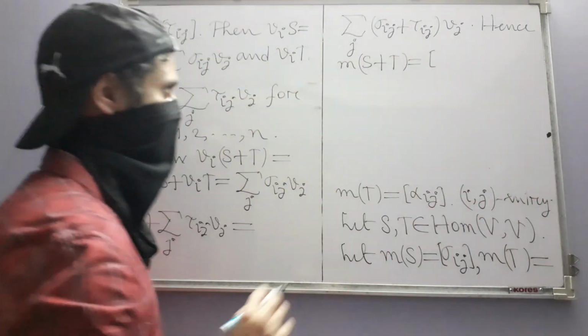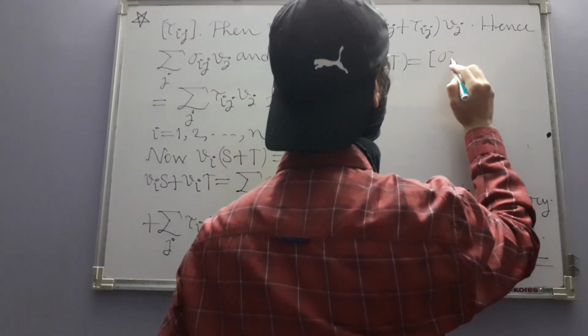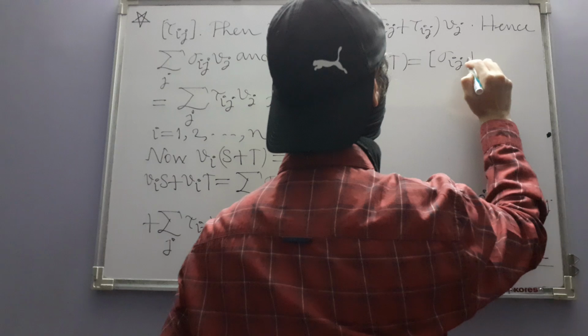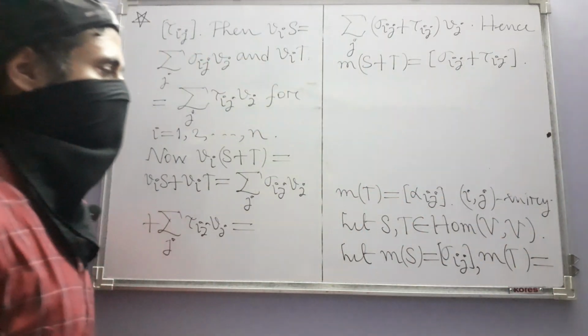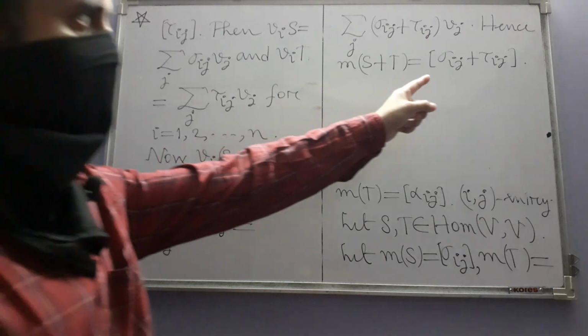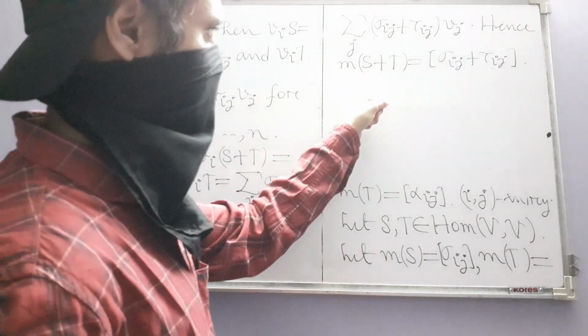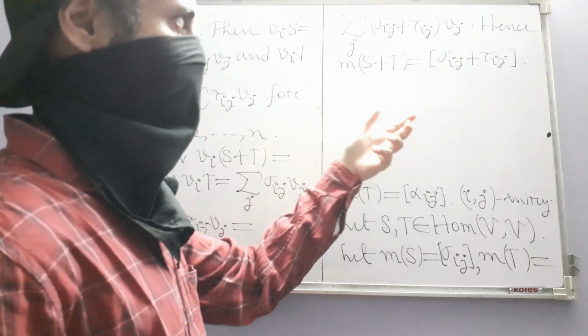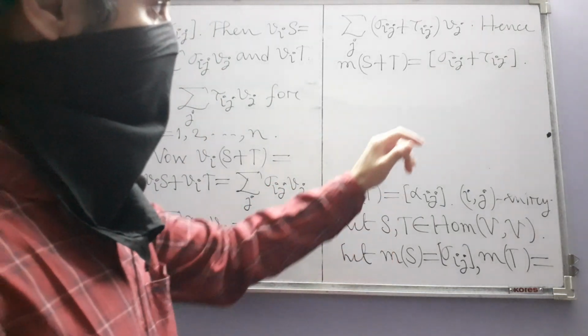So its ijth entry is simply sigma ij plus tau ij. Note carefully that this is one matrix. It's the matrix of S plus T with respect to our chosen ordered basis.